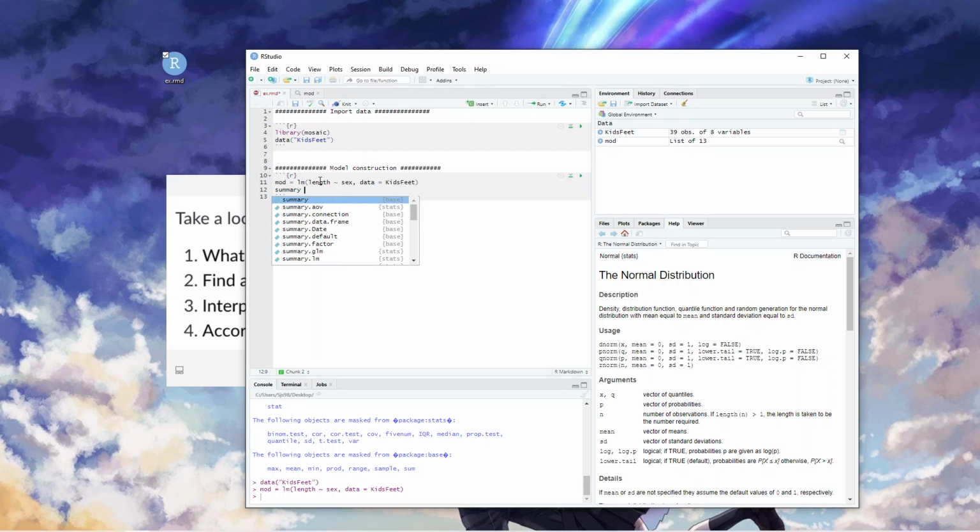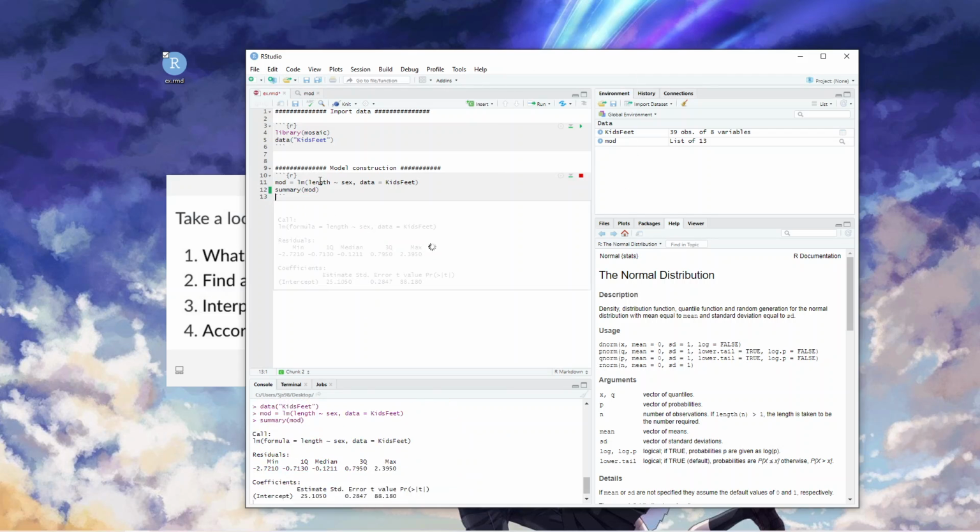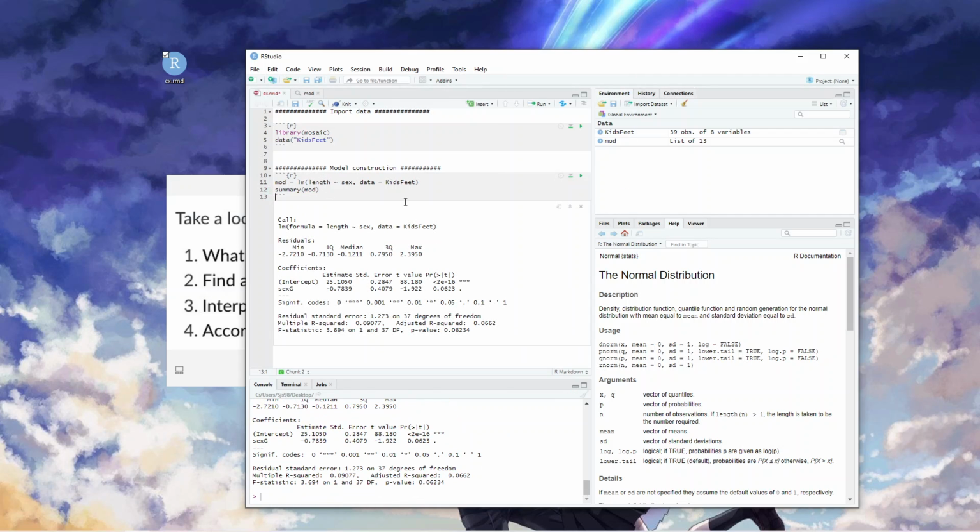You may want to call the summary function and put your model in it, and that will return some statistics about this model. What you can see here is some residual statistics and also some coefficients.